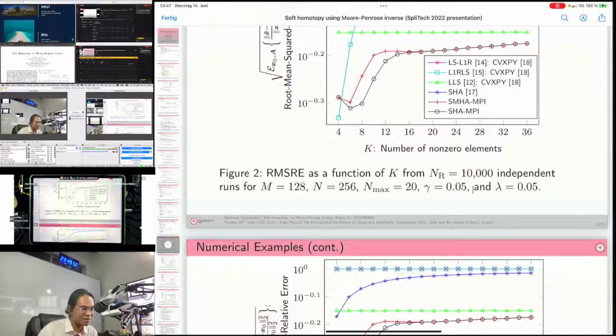And here is the result for a very tiny shrinking parameter, 10 to the power of 20, and for the regularization parameter. In this work we propose two methods that use the Moore-Penrose inverse. The additional complexity requires only the inverse of these two matrices.